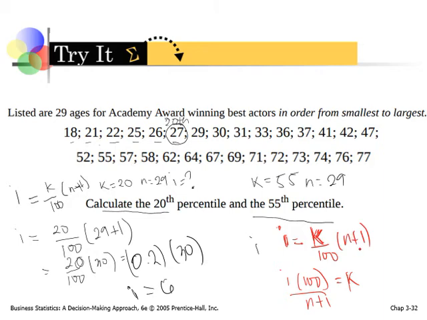Now, if n is the one missing, you can transform this formula into I times 100 over k equals n plus 1, which applies when you are given the index and the percentile but not the number of data.